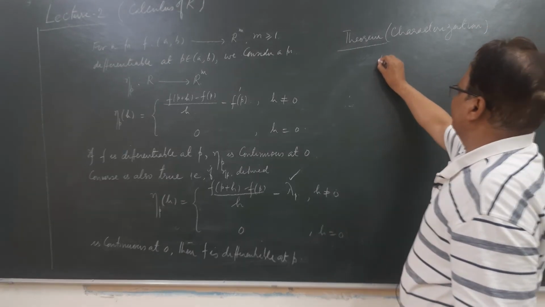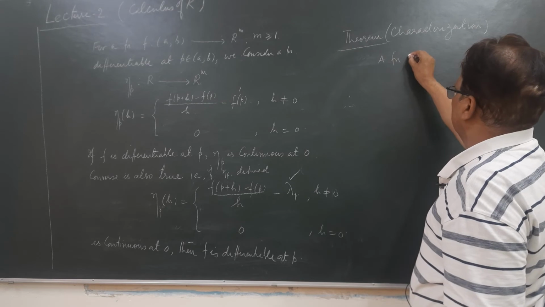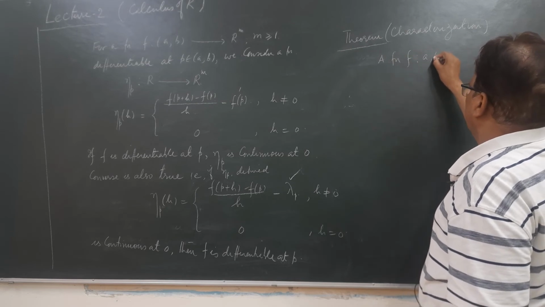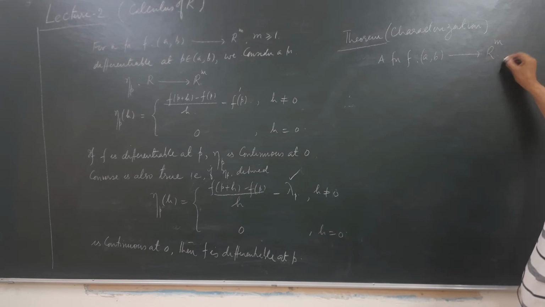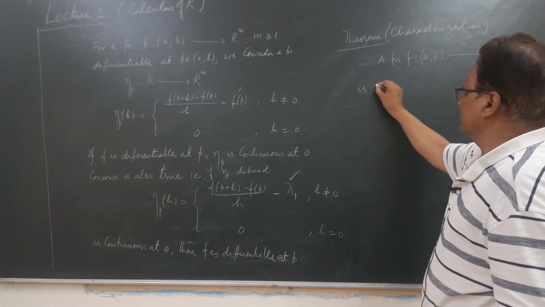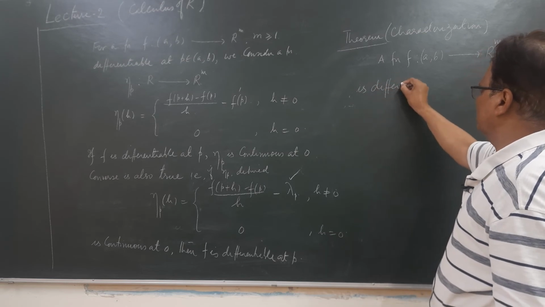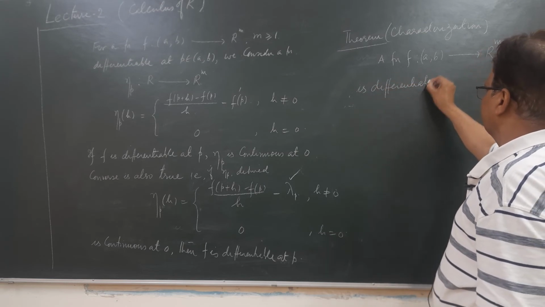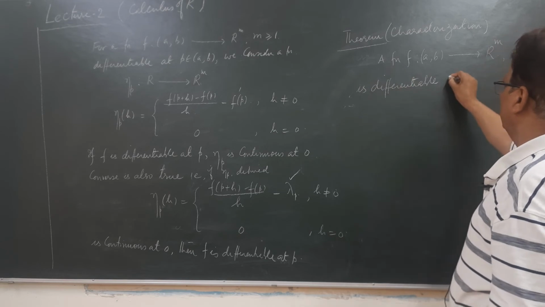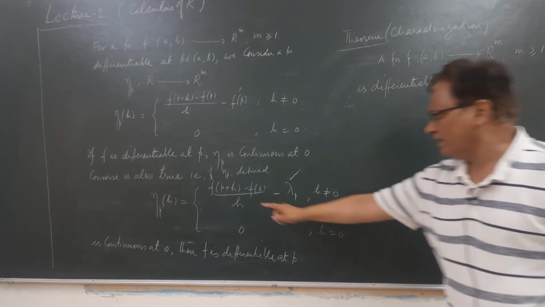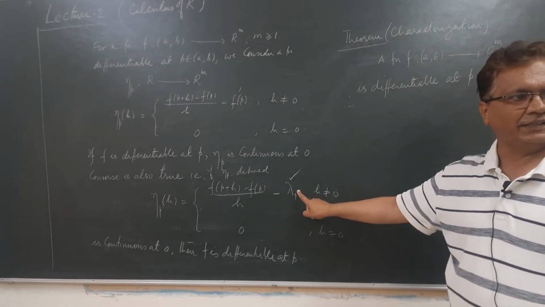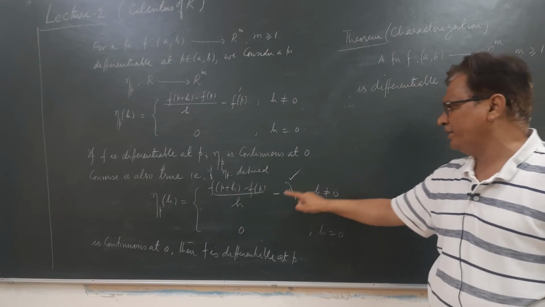A function f from an interval (a, b) into R^m, m greater or equal to 1, is differentiable at p. If I take h to the right hand side, this will become lambda p times h.